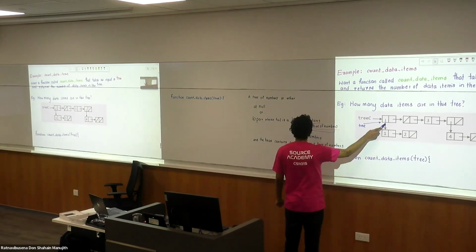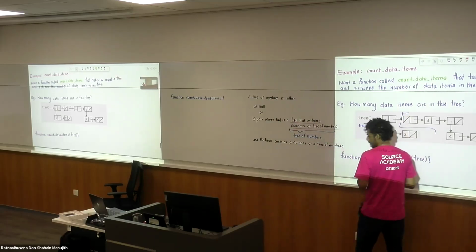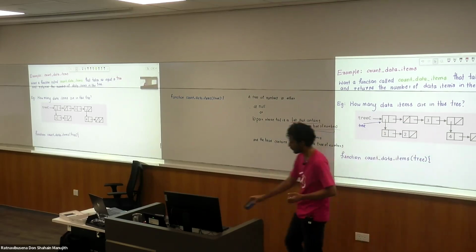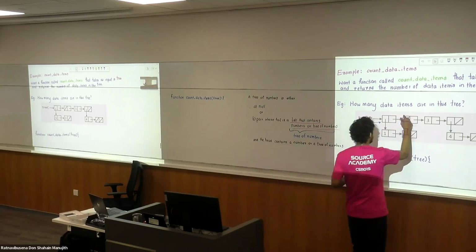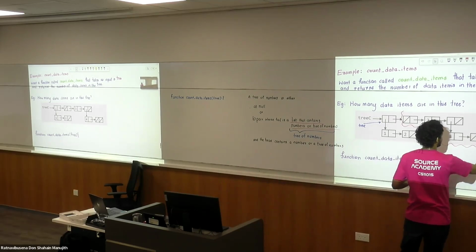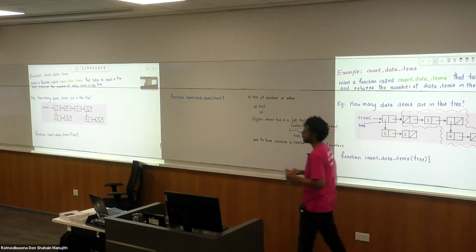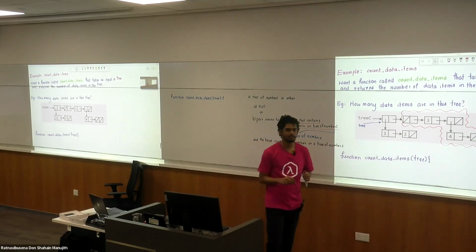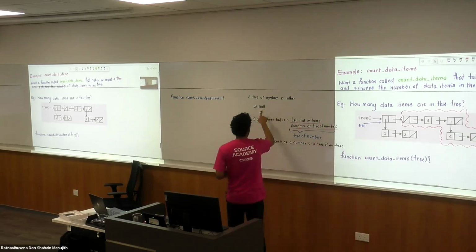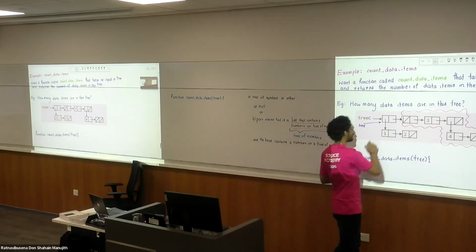It is a pair whose tail is a tree of numbers. So it is a tree of numbers that is null, or a pair whose tail is a tree of numbers. Is this tree of numbers smaller than the original tree?